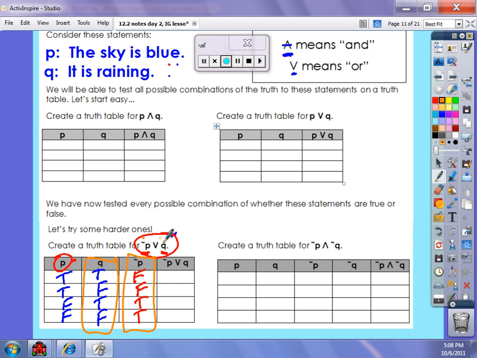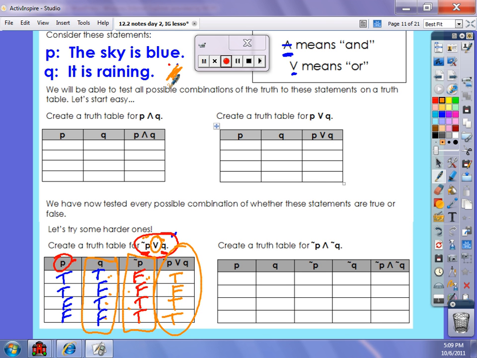And these are the two columns that I'm comparing with or. And we remember a conjunction like this with the word or means one or the other must be true. So when I look at the first combination, false, true is true. False, false is false. True, true is true. And true, false is true. Okay, so this is going to be my truth value of these statements, the sky is blue, it is raining.